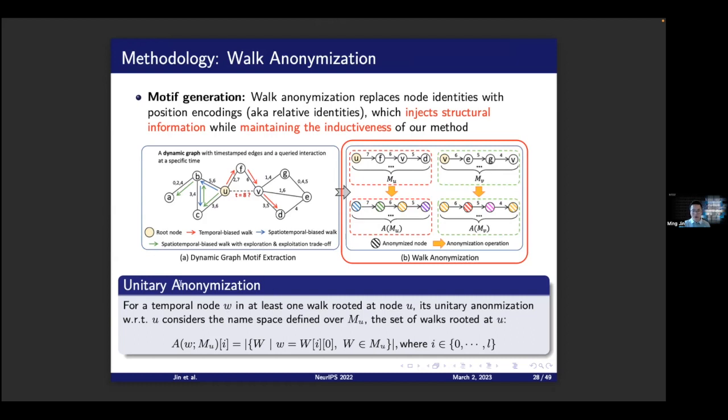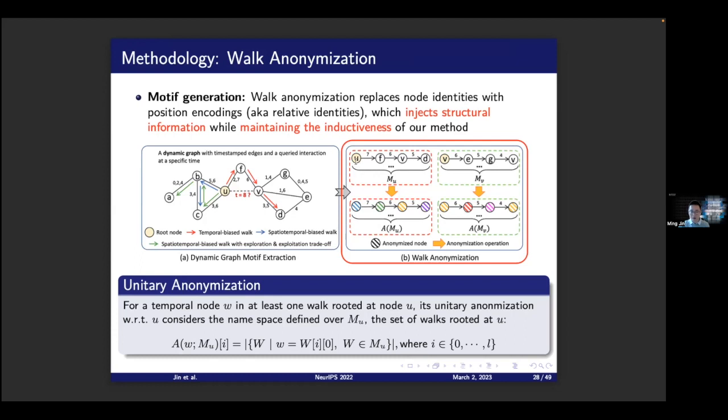The first one is the unitary anonymization, which is quite similar to the naive version of the walk anonymization I mentioned before. If I just sampled one temporal walk given the target node U, this implementation turns out to be the naive one, where I use the smallest index as the positional index, the node's relative identity.